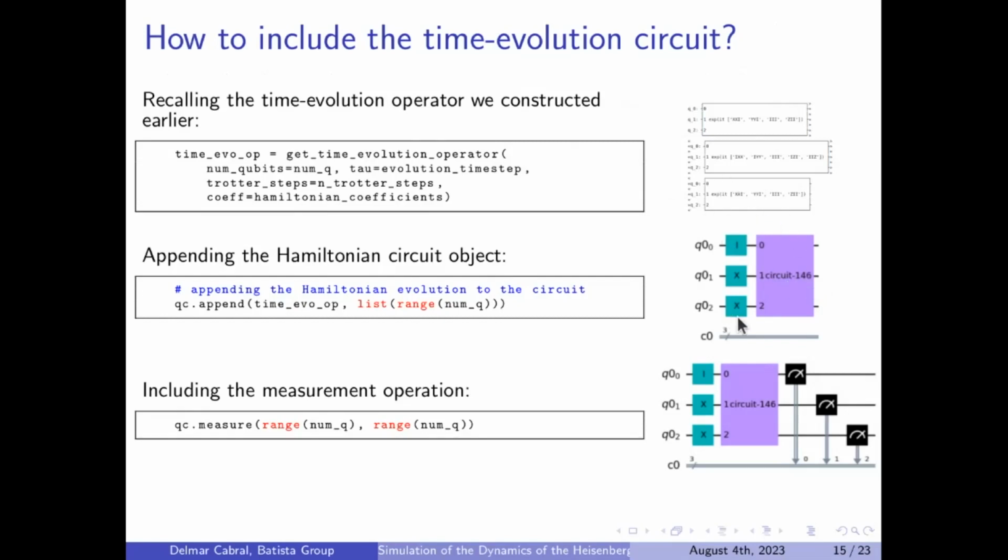And this is going to evolve our initial state to a desired final state after some time tau. We can include this time evolution operator by just appending it to the respective quantum bits in our quantum circuit. We can include the measurement operation, and we can record this time evolved state after executing the circuit.